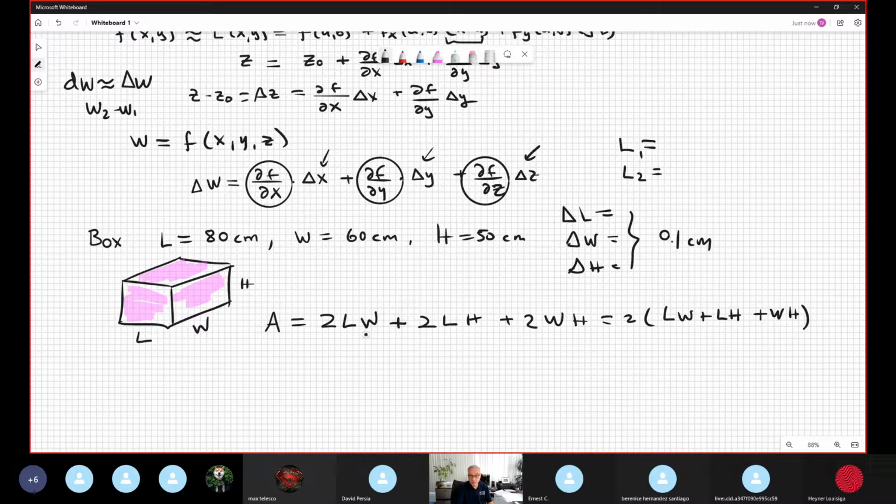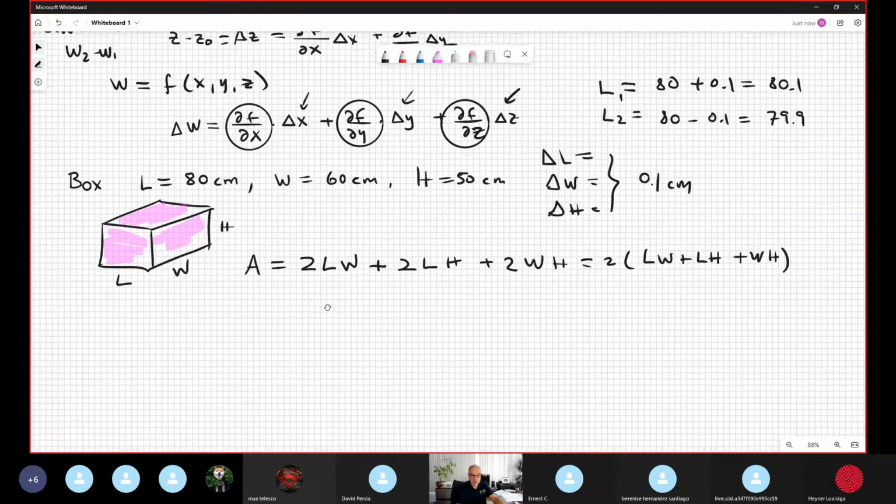You suppose this value is 80, for example, 80 plus 0.1, 80.1 centimeter, and 80 minus 0.1, which is 79.9, no? And you manipulate every dimension using this idea, width and height, and you compute the surface area in both scenarios, the maximum and the minimum. Okay, this is easy. You can do it in this way.